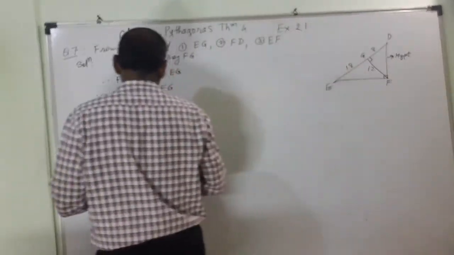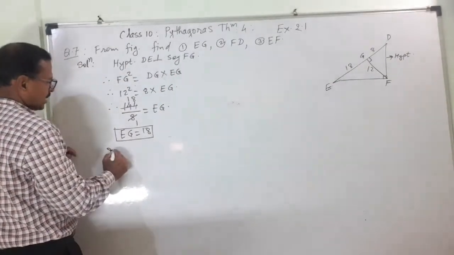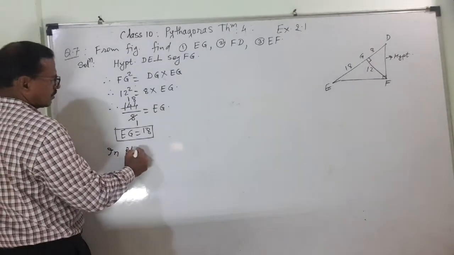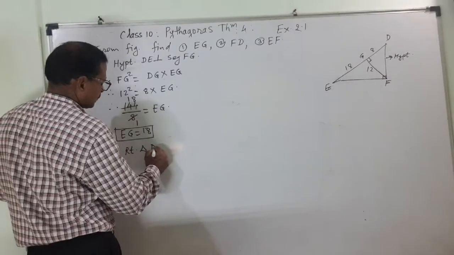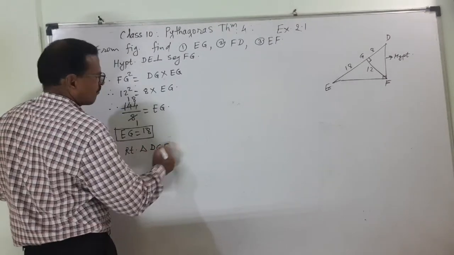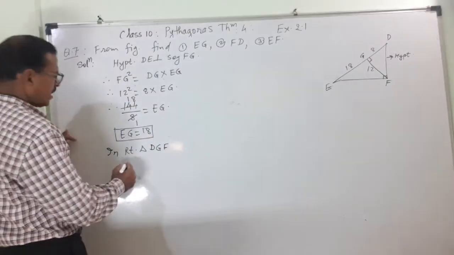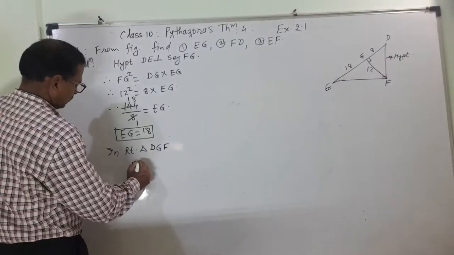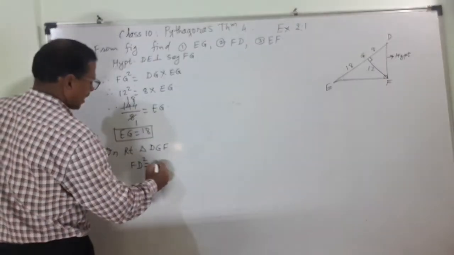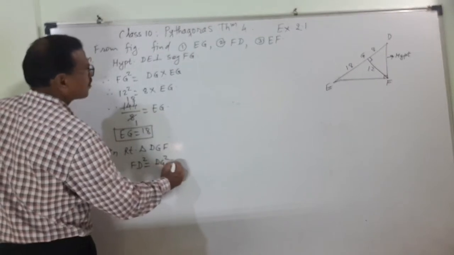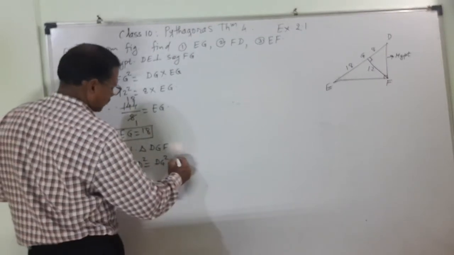Means FD square in right triangle DGF, FD square is equal to side 1 means DG square plus FG square.